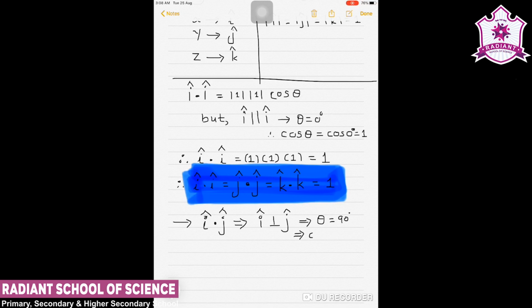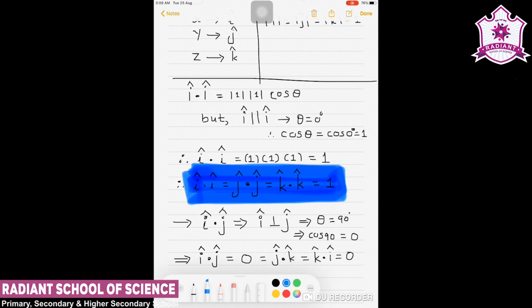Therefore cos 90 turns out to be 0, and therefore in this case i dot j is equal to 0, and in the same manner we can say that j dot k or k dot i, all these are perpendicular to each other, and that turns out to be 0 again.